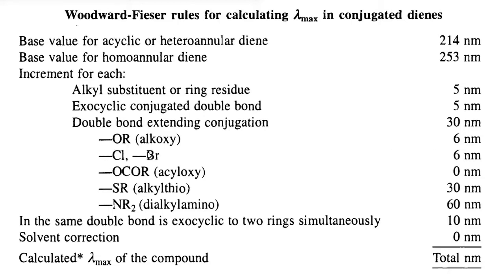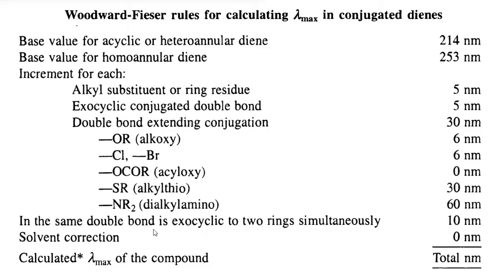For chlorine or bromine, it is 6 nanometer. Acyloxy, 0 nanometer. Alkyl thio group, SR group, 30 nanometer is to be added as increment.